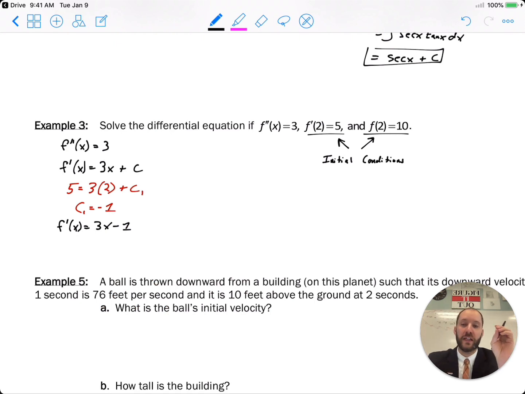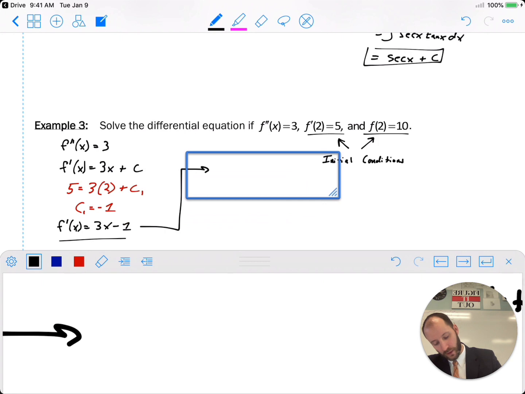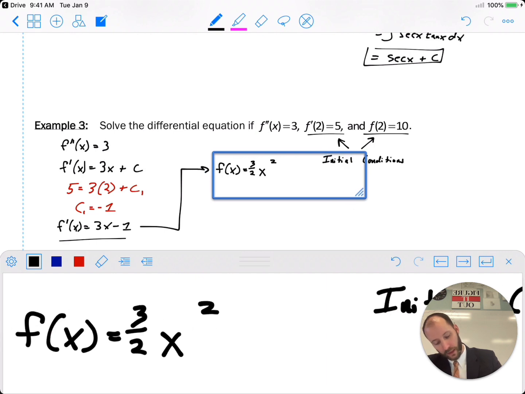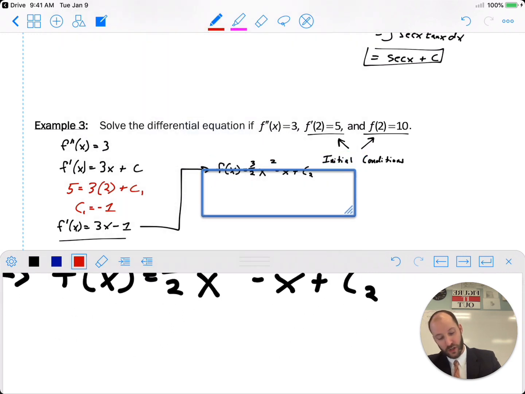So we found a specific f prime function. So now let's do that again. Go to f of x. In the antiderivative of 3x, increase the exponent by 1, x squared, divide the coefficient by the new exponent, so 3 halves. Minus 1 would be minus x, and then our second constant of integration.